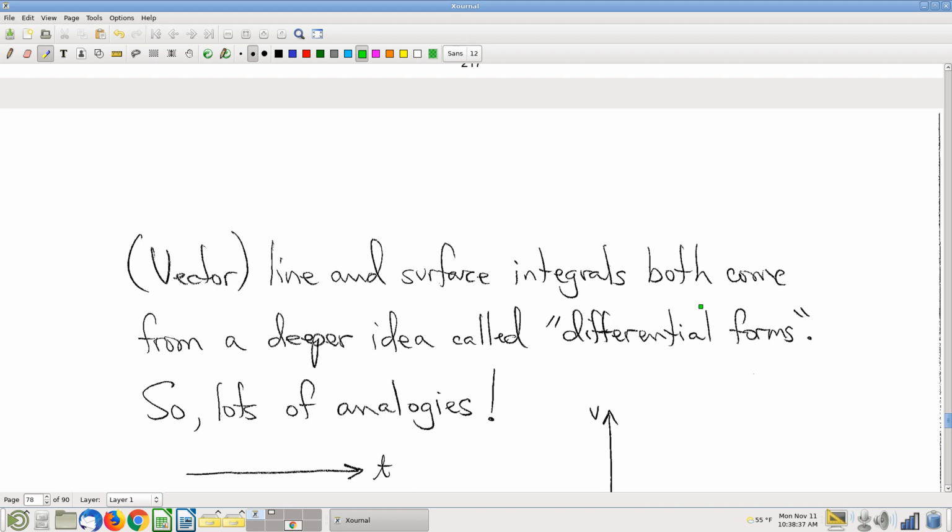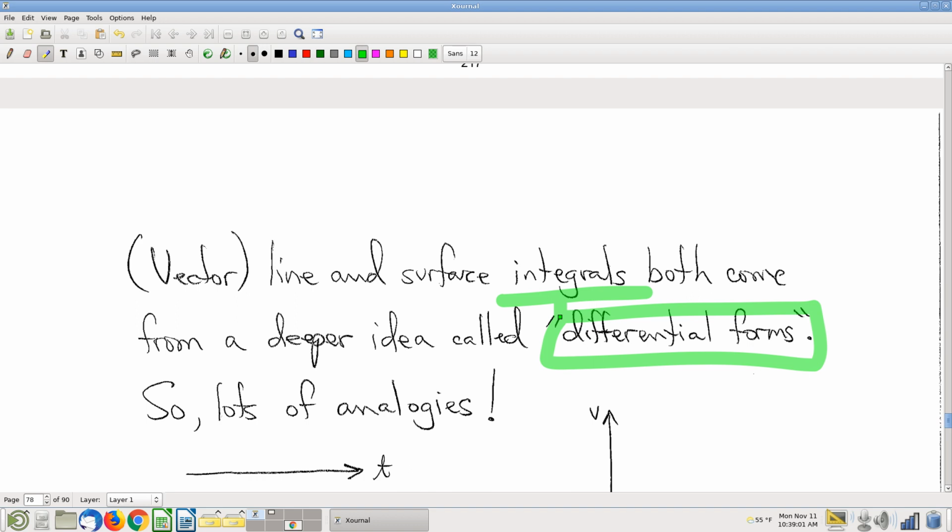These are all special cases of the big theorem that we can't talk about. That big theorem is about integrals of differential forms, something called differential forms. And we can't talk about differential forms.